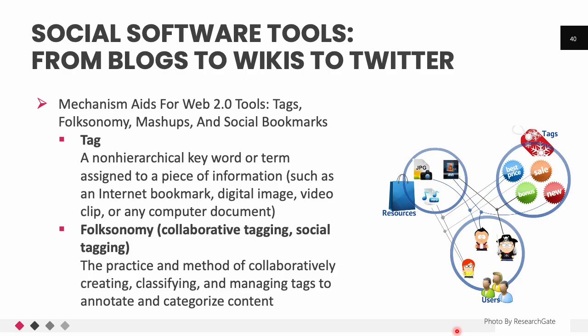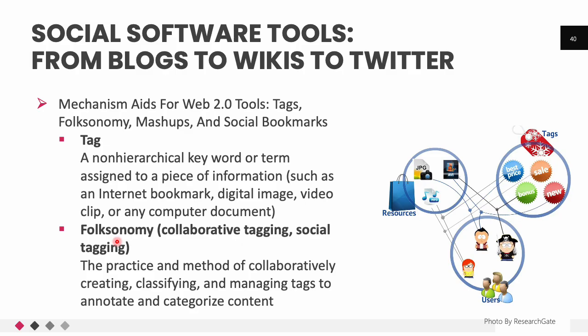The slide defines it as the practice and method of collaboratively creating, classifying, and managing tags to annotate and categorize content. In a simple way, if tags are individual labels, then folksonomy is the system where lots of different people, the folks, are all creating and using these tags together. So it's a community-driven way of organizing information.